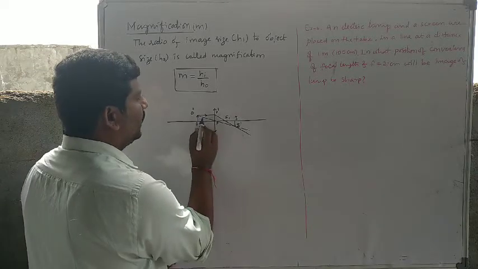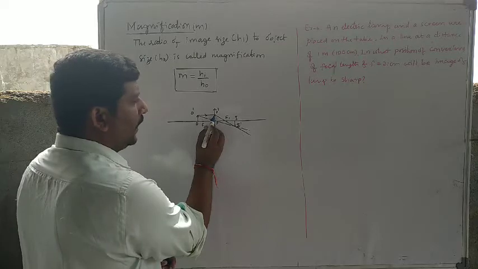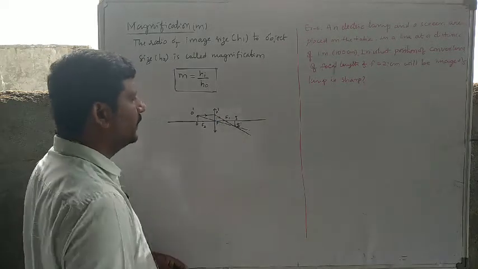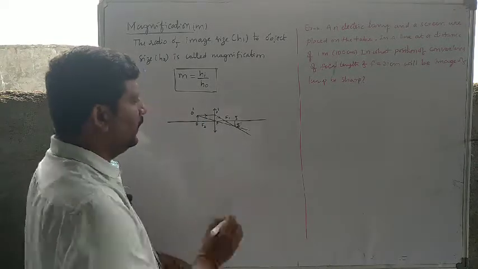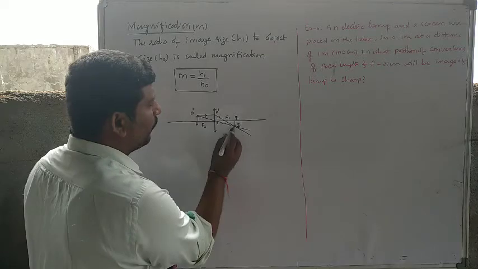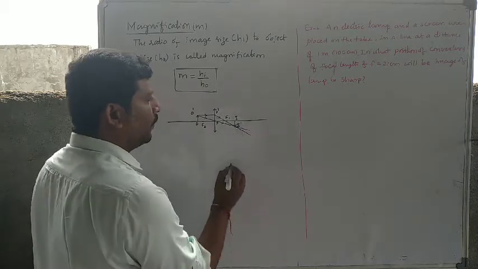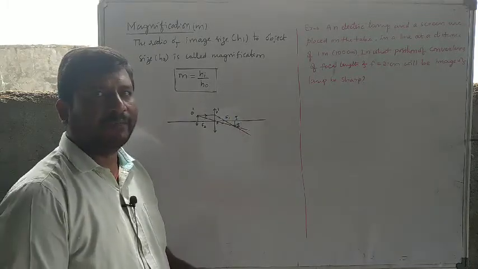The first ray is parallel to the principal axis, meets the lens at P dash, and after refraction it passes through the focal point. The second ray, which passes through the optic center, is undeviated. These two refracted rays meet at I dash. We draw a down arrow, that is I dash. This I dash is nothing but the image of the object.